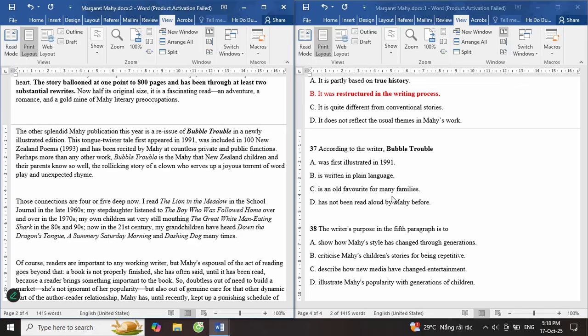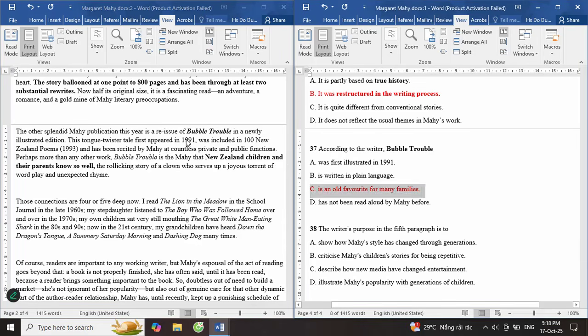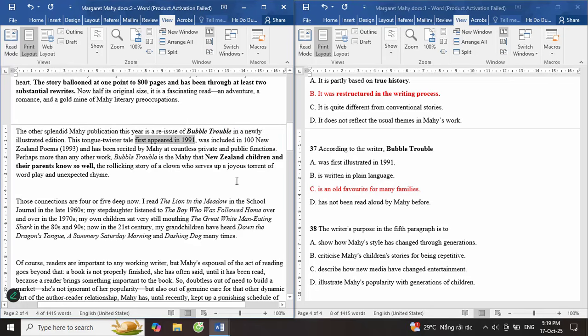The answer would be C, right? Because they said here, New Zealand children and parents know so well. And if you ask why the others are not correct, we will see here, reissued, newly illustrated, first appeared in 1991.